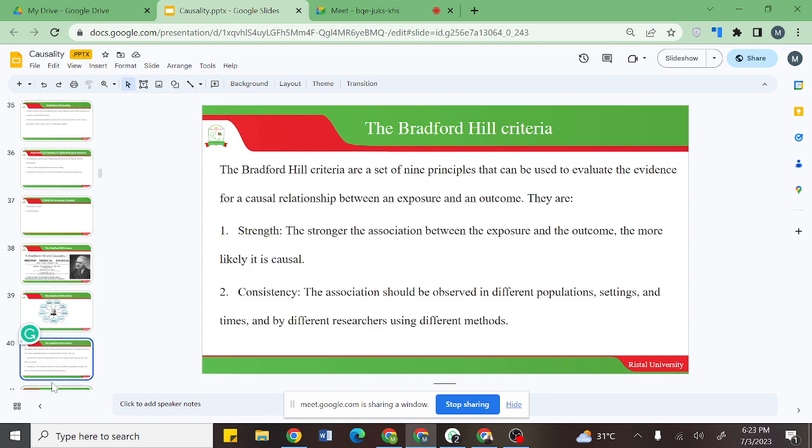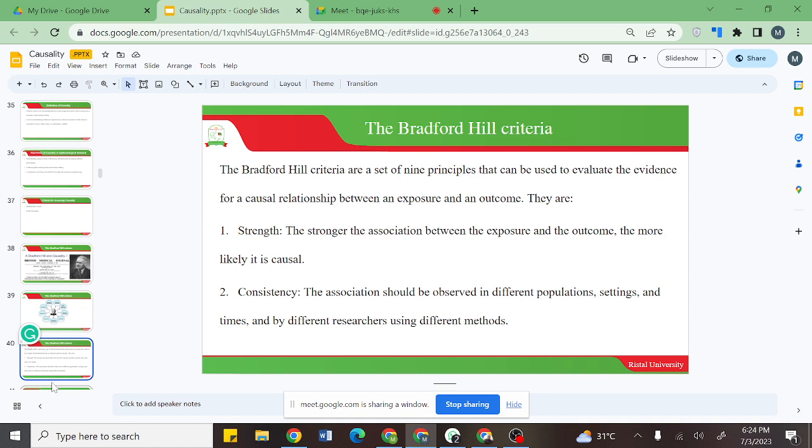Okay, so strength. What does it mean? Strength means that, okay, I'm going to keep using y and x. Y is the factor, and then x is the disease.